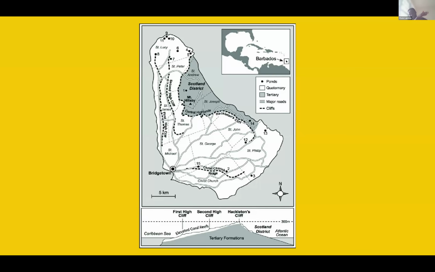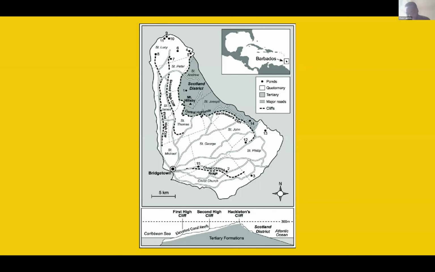And on that western slope is where the sugarcane plantations were established in the 17th century, and where Barbados became one of the very early, very significant colonies that was established to support the slave trade.